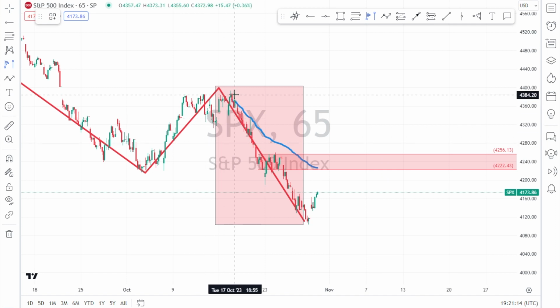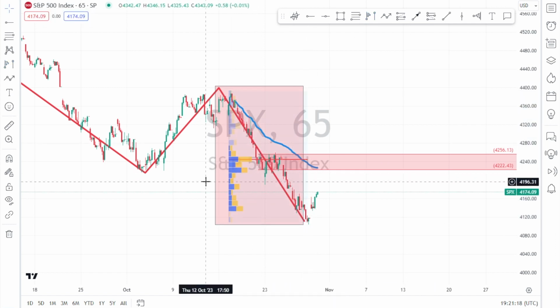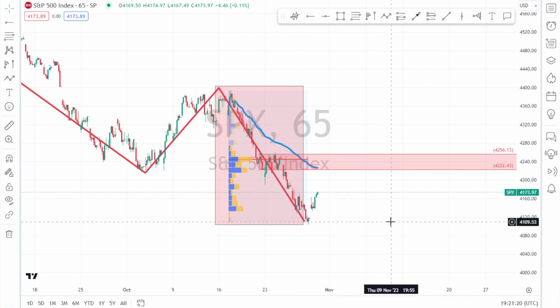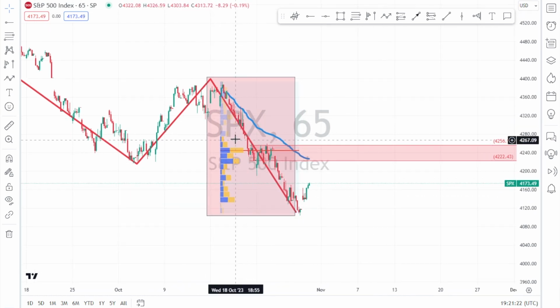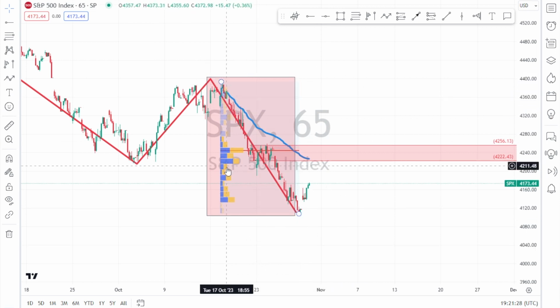And for further confirmation, I'm going to look at the fixed volume profile chart. The fixed volume profile chart shows, along this impulse, where I anchored it from the start of this thing to where it ends, most of the volume, or the peak in the volume turnover, is right at our zone again.